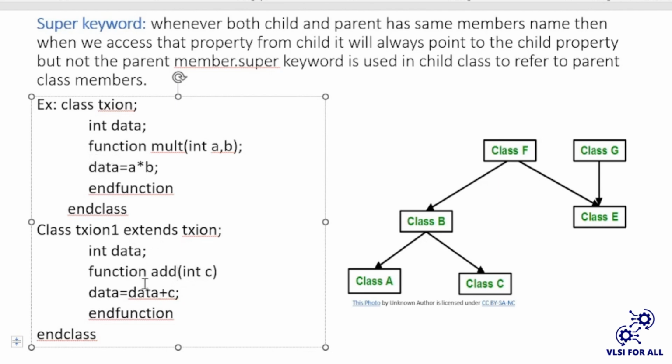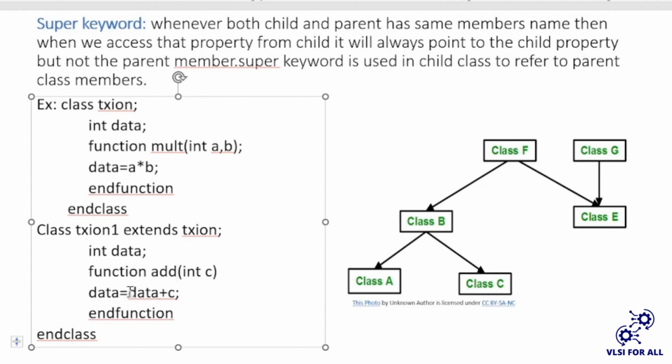You guys are aware of the this keyword, right? Whenever the local and global values are the same, we use the this keyword to avoid ambiguity between those two. Same like that, whenever the parent and child properties or method names are the same, we have to use the super keyword to avoid the ambiguity.